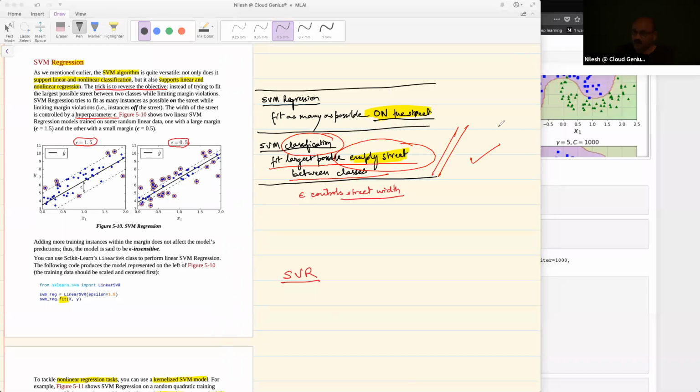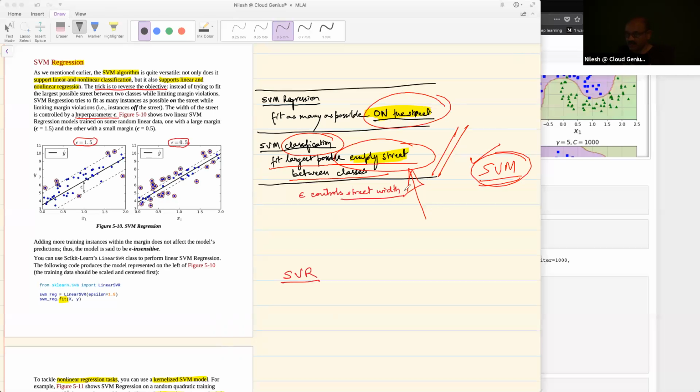We did a couple of examples of that up till now in SVM, support vector machines. And now what we want to do is the opposite of the same idea. Exactly the same street idea and everything, but we want to fit as many data points as possible on the street, which is the exact opposite of this idea.